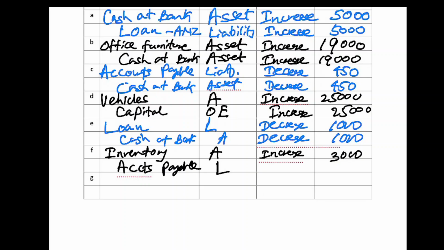Yeah, liability increases, correct. Why does accounts payable increase? Because you now owe the money. Yes, we owe more money to the accounts payable. Good.